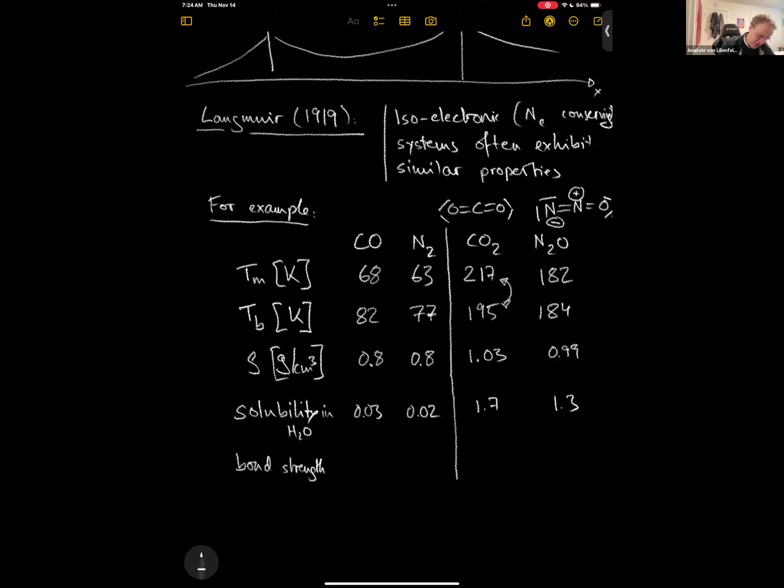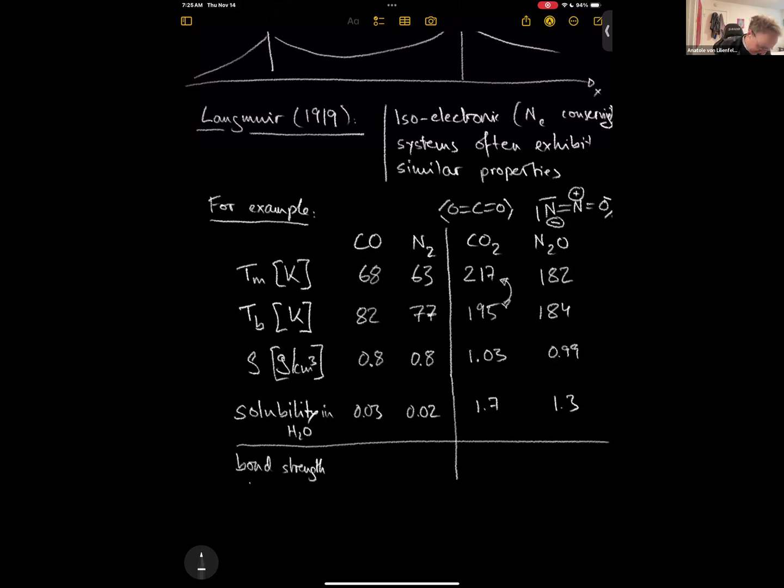So you see overall, usually within a couple of percentage points, you will have similar properties for isoelectronic systems, especially if they have the same number of atoms. Now, in terms of bond strength, there's only one bond in the diatomics, so I only have this for the diatomics.